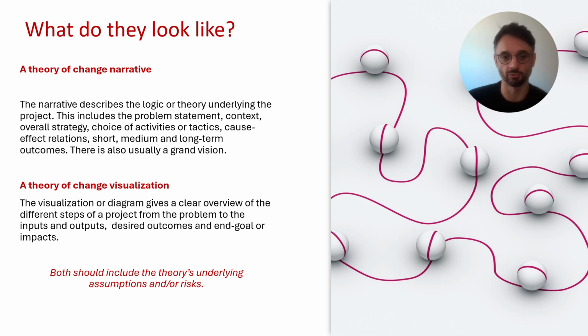Theories of change are really a call to be explicit about what a program or policy or intervention seeks to do and why. And they can take generally two forms. The first is a theory of change narrative, which is a statement of the activities that a program wants to engage in to solve a particular problem, what is known about the context, what is known or assumed about particular cause and effect relationships, and short-term, medium and long-term outputs and outcomes of the program.